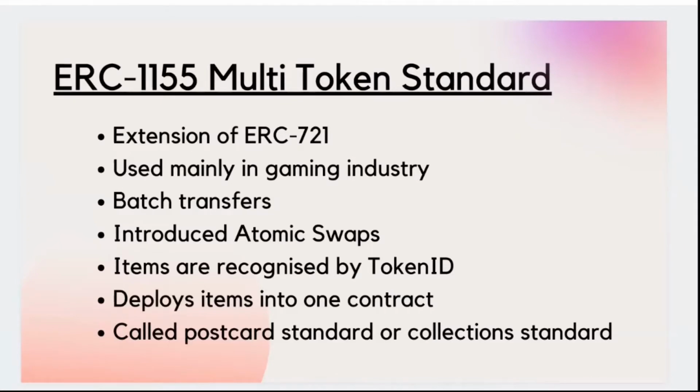With ERC 721, when you are uploading an NFT to the chain, you are creating one single smart contract for every NFT. But with ERC 1155 you can put a bunch of NFTs into one smart contract, and those NFTs are like a collection or a batch, and they are different.